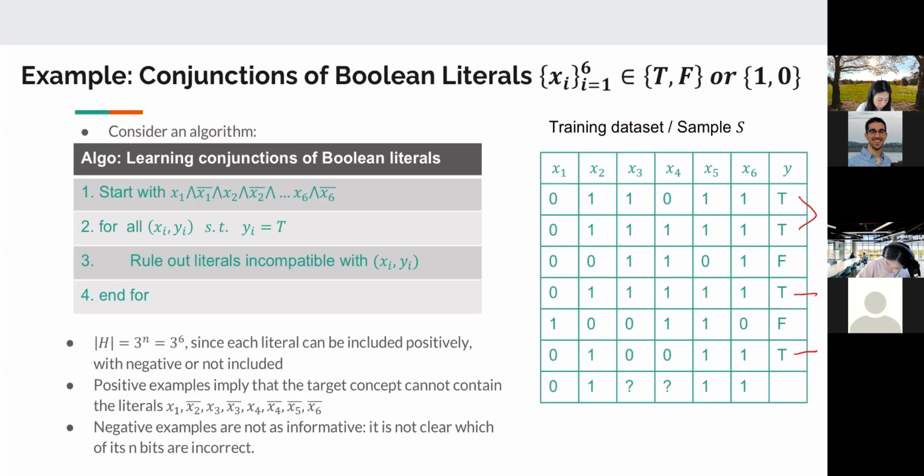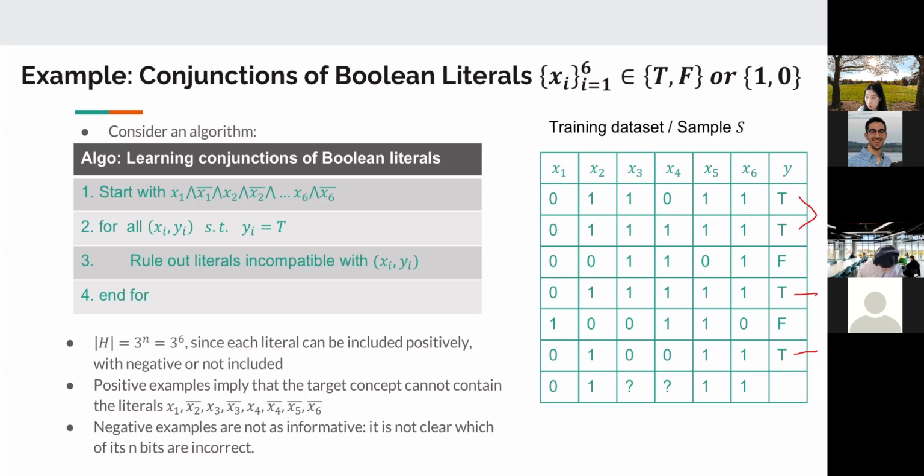All right. So here I'm saying that positive examples imply that the target concept cannot contain the literals x1, x2 bar, x3, x3 bar, x4, x4 bar, x5 bar, and x6 bar, right? You cannot contain these literals. This is because we are looking at the positive examples. We know that this is a conjunction, so you can rule out things.